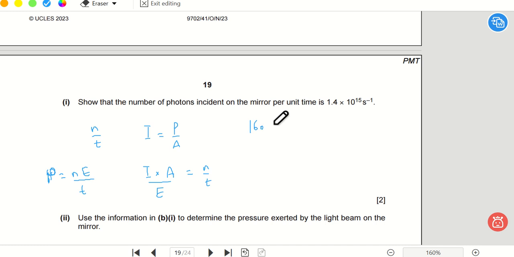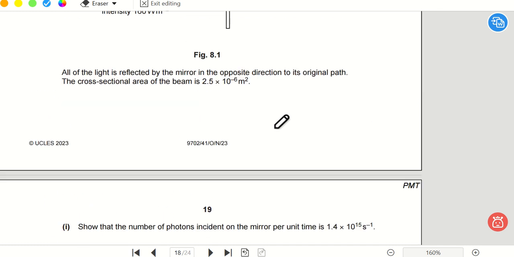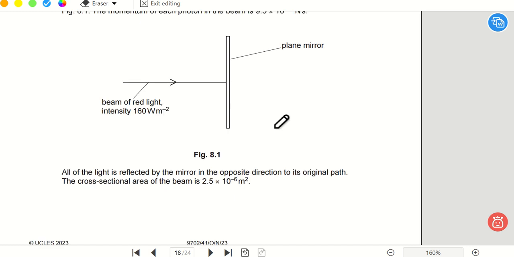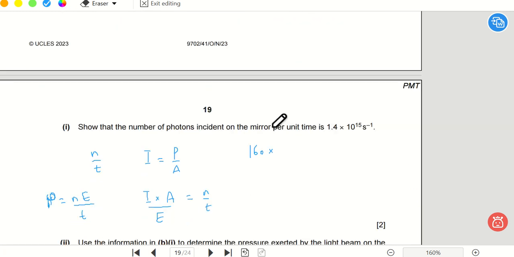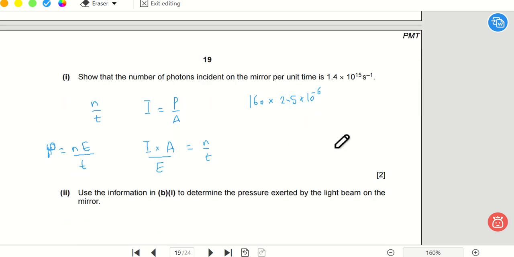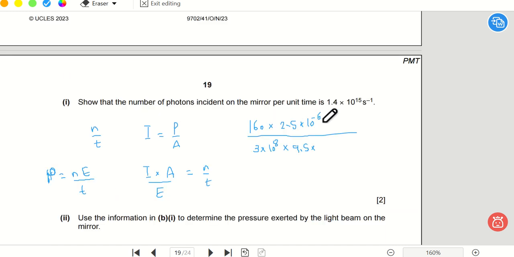So we can substitute 160 for intensity, and this 2.5 value for cross-section, and energy of photon is, we can say, c times p, so p that we calculated a couple of moments ago.